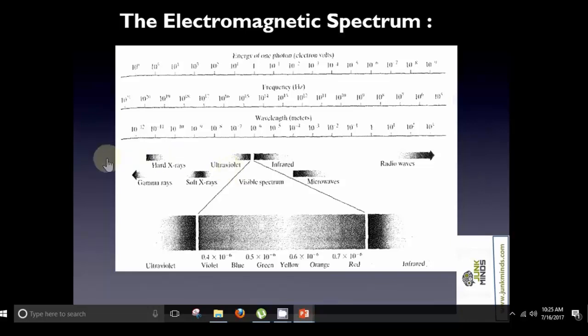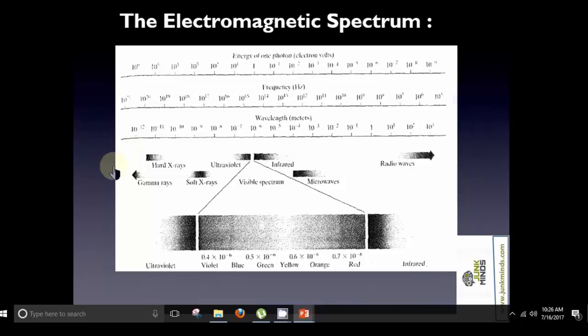The next type of waves that we have are X-rays. Now, talking about X-rays, they are high energy waves. They are mainly used in medicine, industry, and astronomy. These X-rays are also known to produce cancer. The next waves that we have are gamma rays.